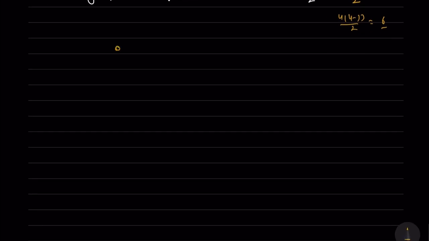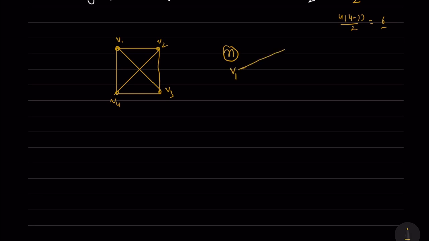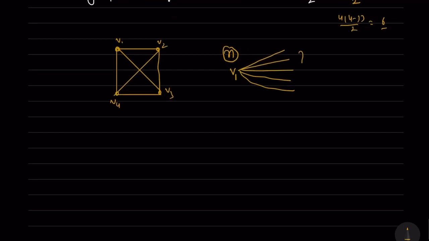We have n vertices. I choose one vertex, which is connected to n minus 1 vertices, because a complete graph is n minus 1 regular.